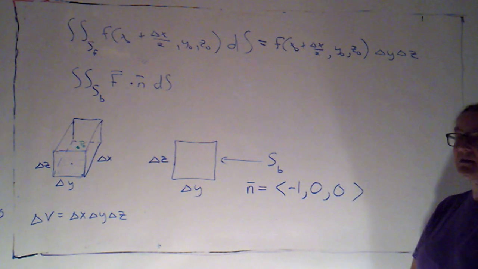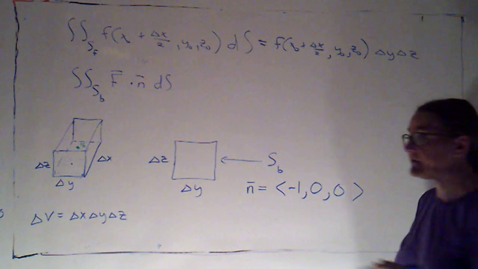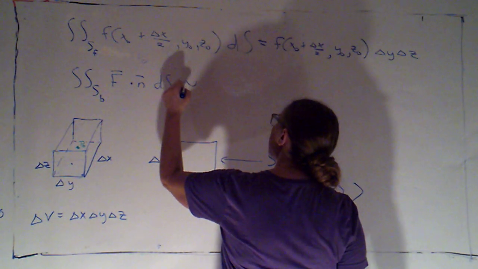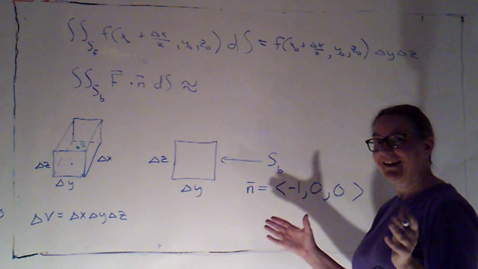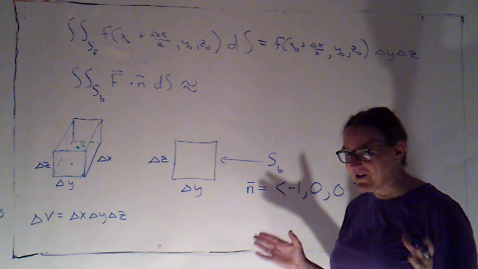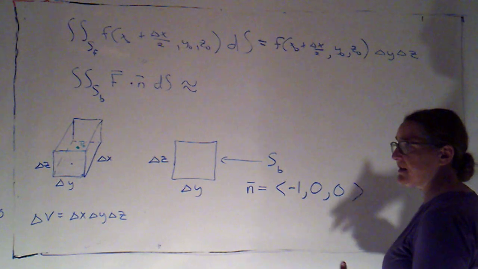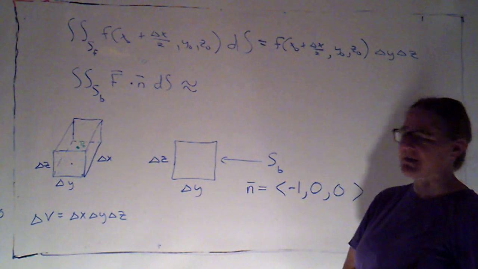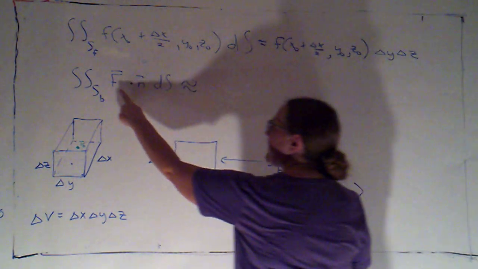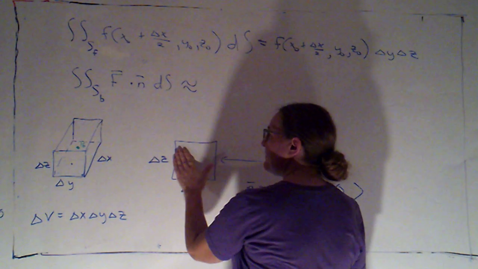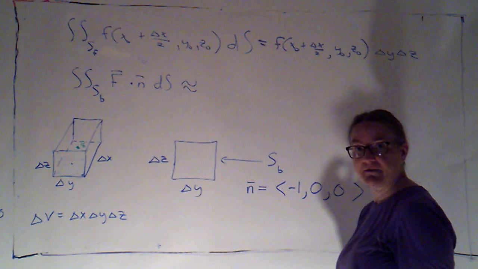I'm going to do something similar to what I did along the front surface, which is I'm going to approximate this. Again, this is what makes this an informal argument rather than a formal proof. I'm going to approximate this by saying this is eventually going to be small. I know that the value of f, my vector field, may vary at points over this surface.